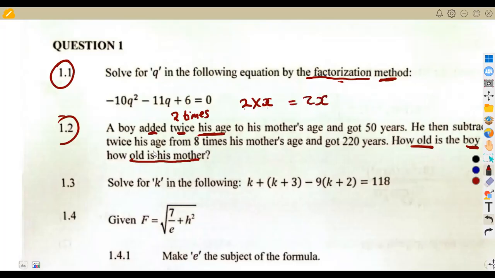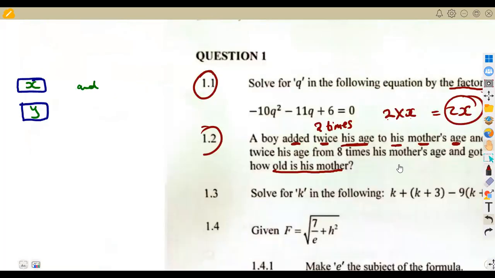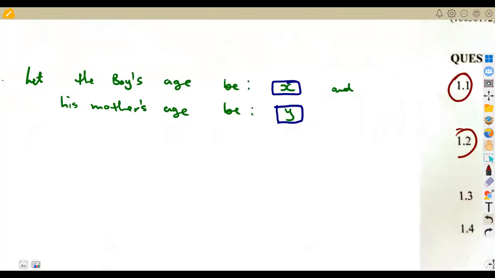So he added twice his age to his mother's age, and his mother's age is y.